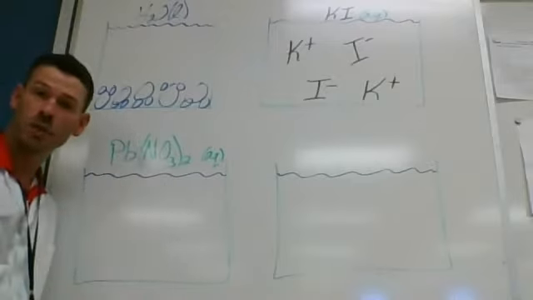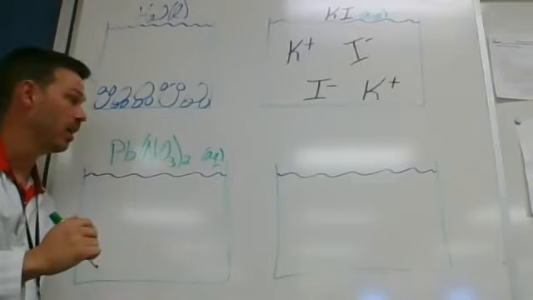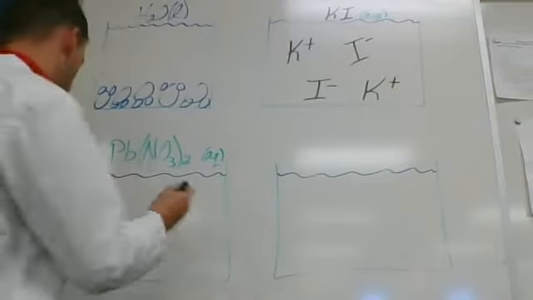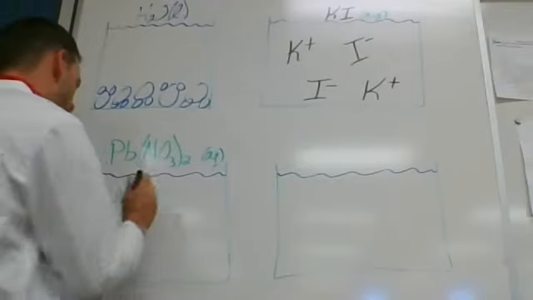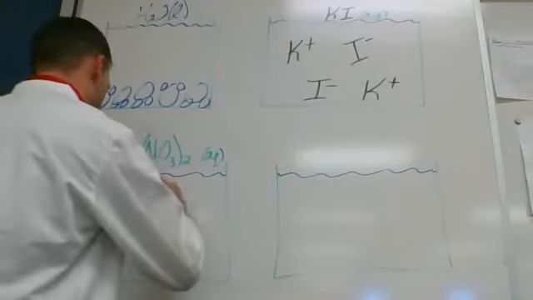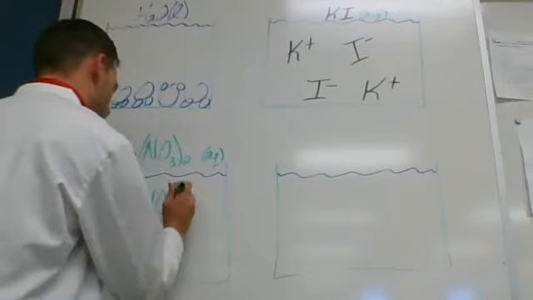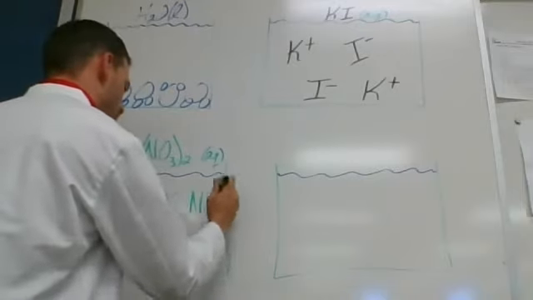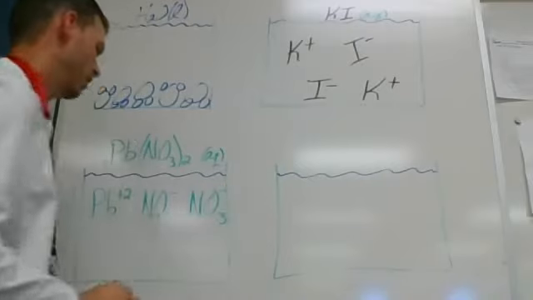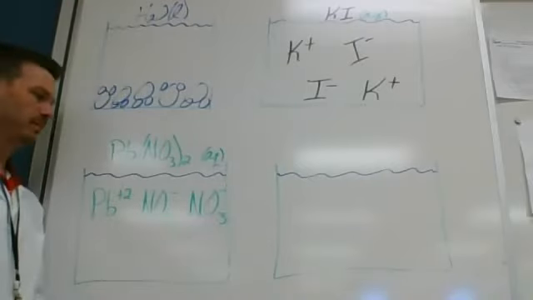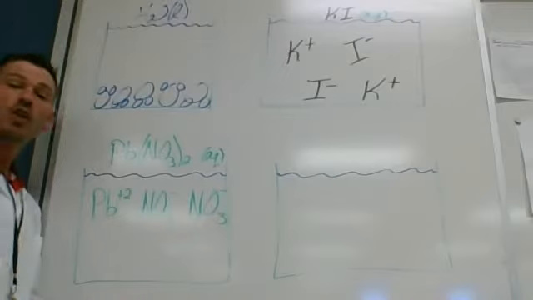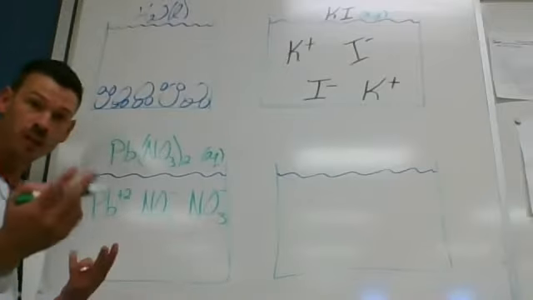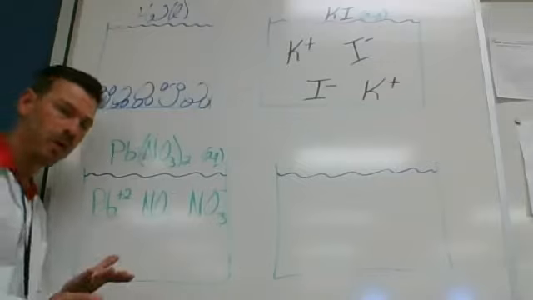The complete ionic equation would clearly show us that. To show the ratio correctly, we're going to have this lead here, and for every lead, there needs to be 2 nitrates. So if your heart desired to show 2 leads, well, then there would need to be 4 nitrates, right?